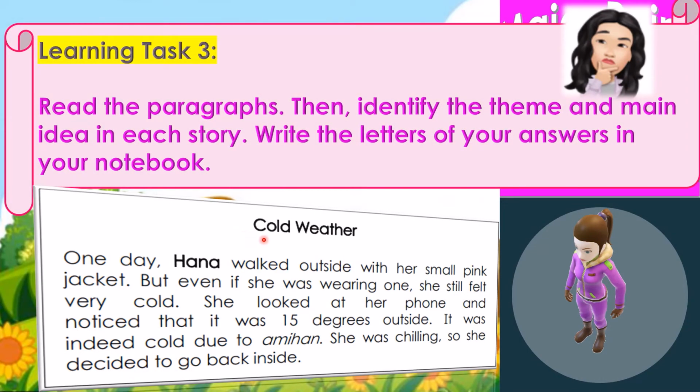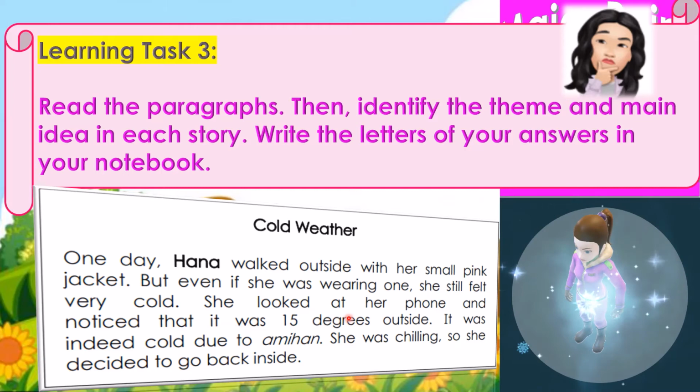Another story is A Cold Weather. Can you see this girl? This is Hannah, and she's wearing her jacket. One day, Hannah walked outside with her small pink jacket. But even if she was wearing one, she still felt very cold.